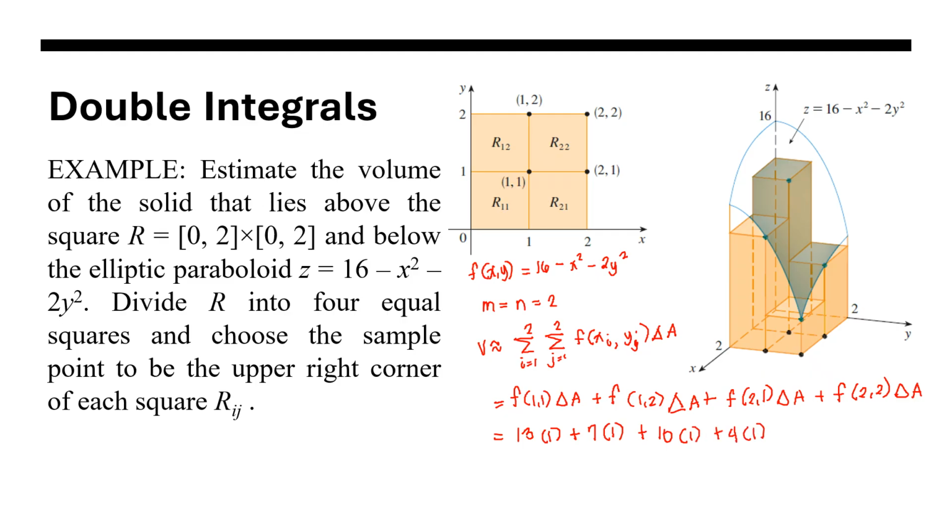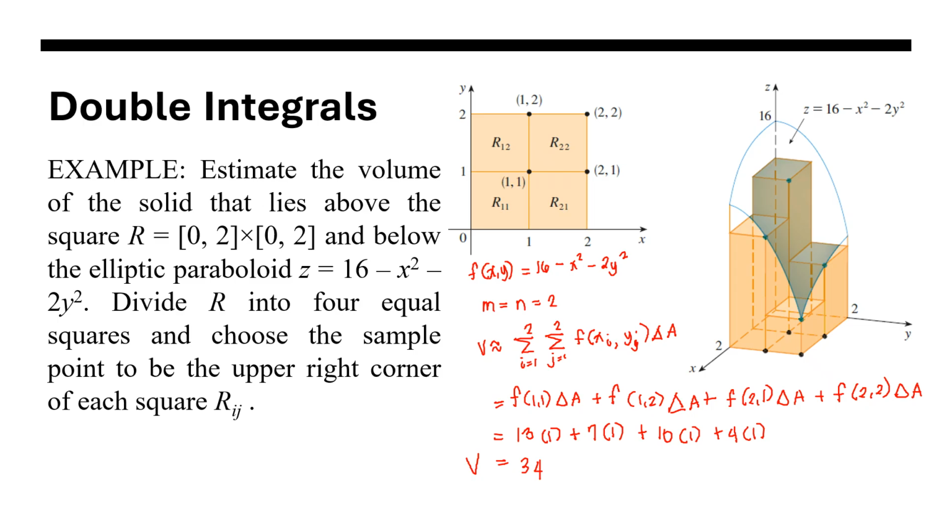Using the calculator, 13 plus 7 plus 10 plus 4 is equal to 34. So the volume of the approximating rectangular boxes is equal to 34 cubic units.